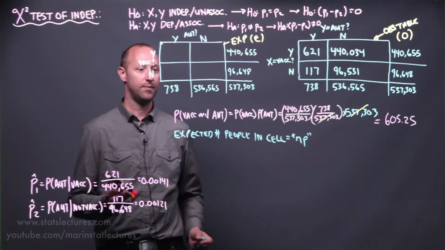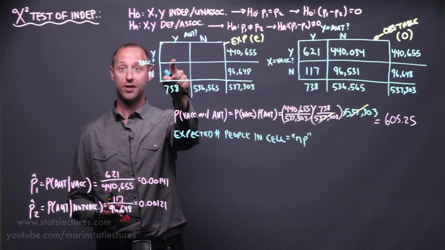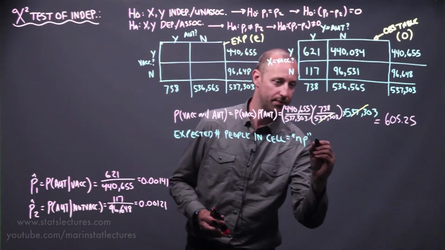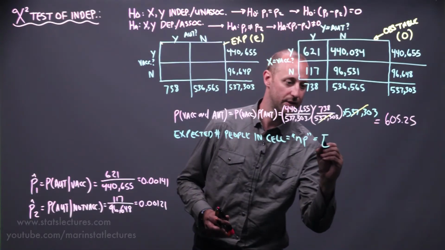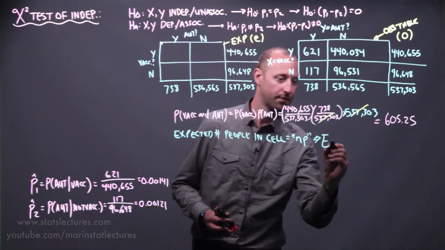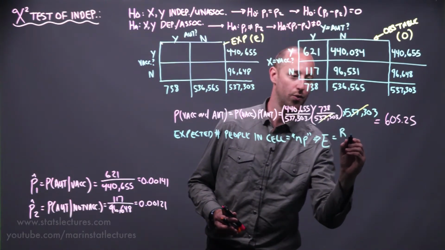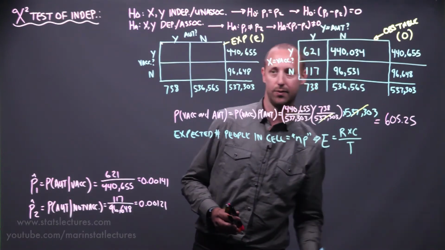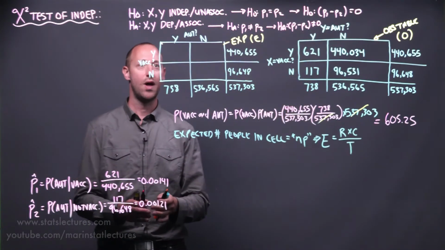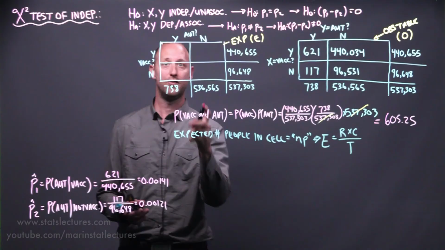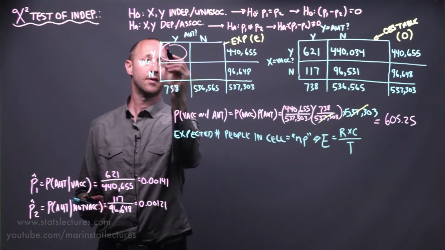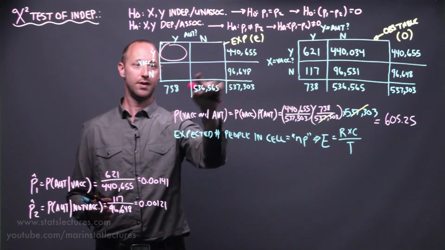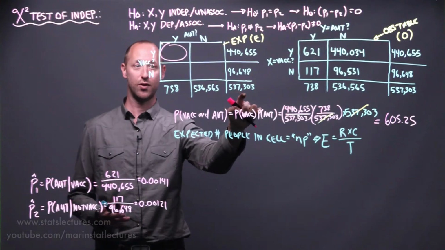And worth noting here, the expected number of people falling into each of these cells, sometimes written as capital E, is the row total times the column total divided by the overall total. So if we want to know how many people we expect to fall into this cell here, it's the row total times the column total divided by the overall total.